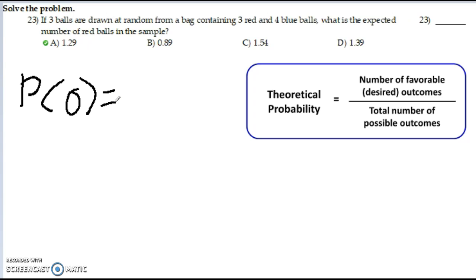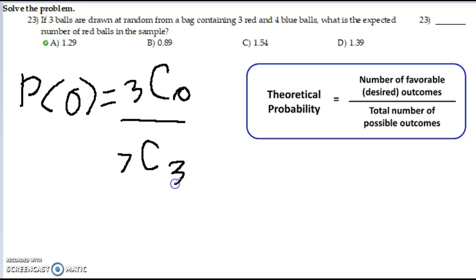First, the red balls I'm interested in are from 3. This is all for the top of the fraction. I'm choosing 0 out of 3, divided by the total possible number of outcomes. Well, there are 7 total balls, and from those I am choosing 3. So the probability of 0 balls is 3C0 divided by 7C3.